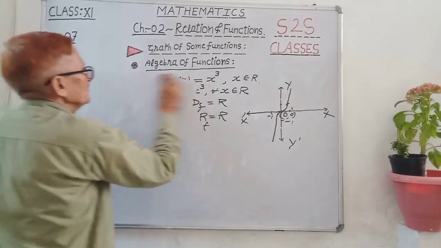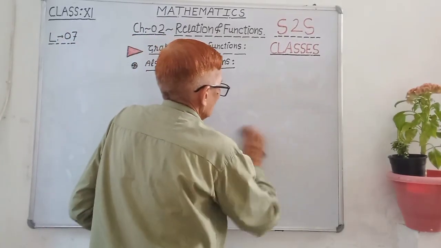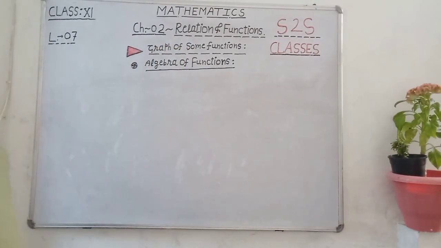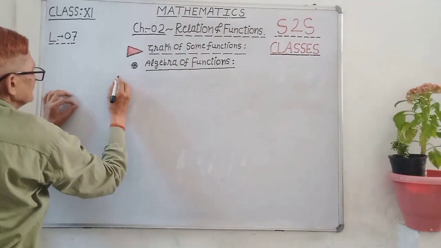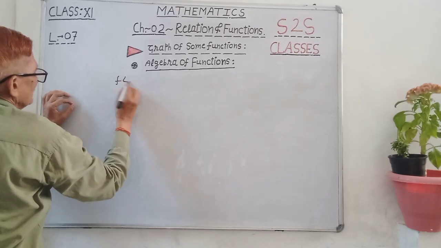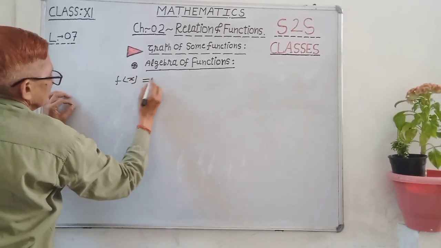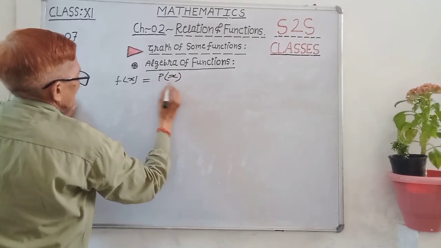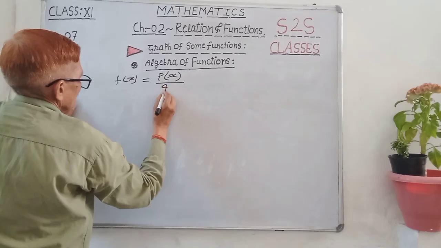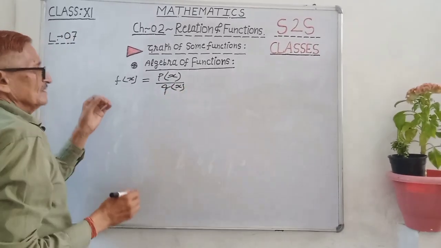Now after the cubic function, the rational function f(x) = p(x)/q(x).